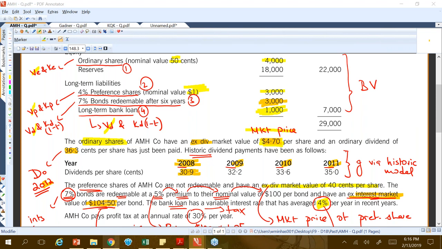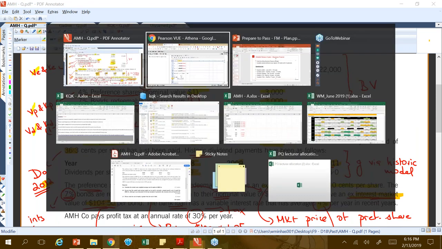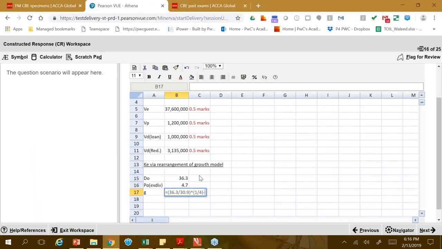So it's 1 by the 4. Close the bracket and then minus the 1. So D0 over Dn to the power of 1 by 4 minus the 1, and we get our growth.